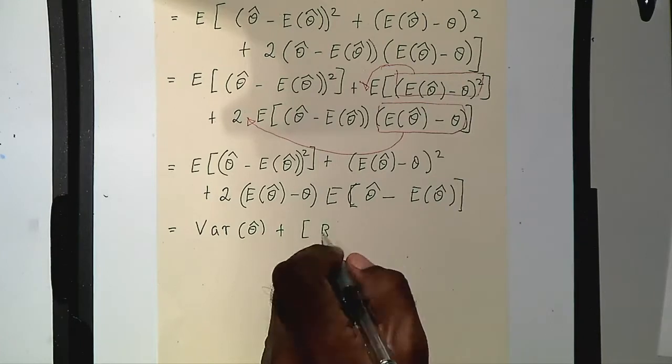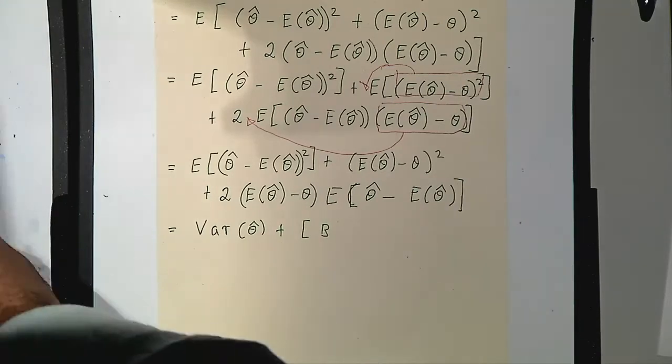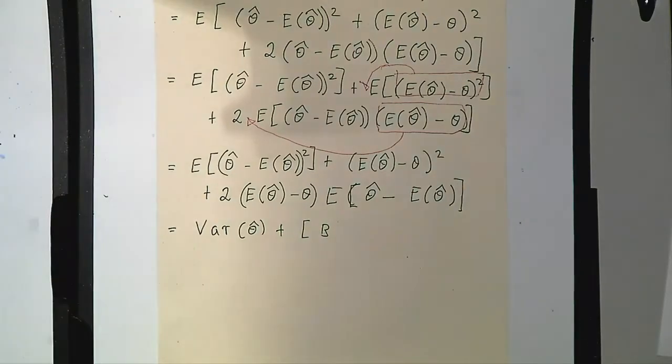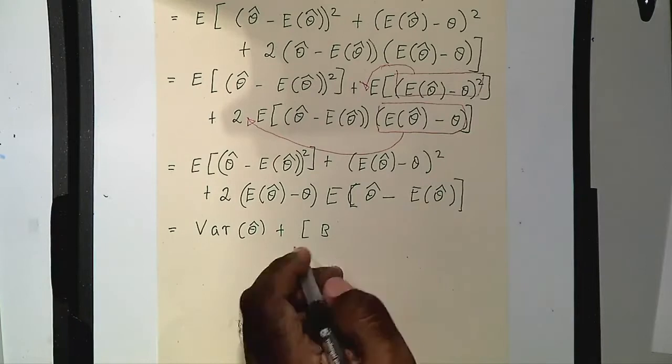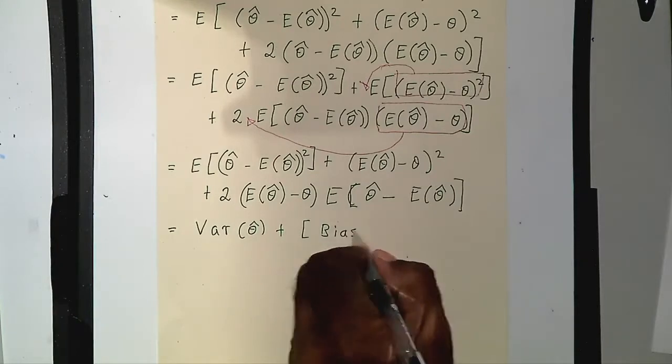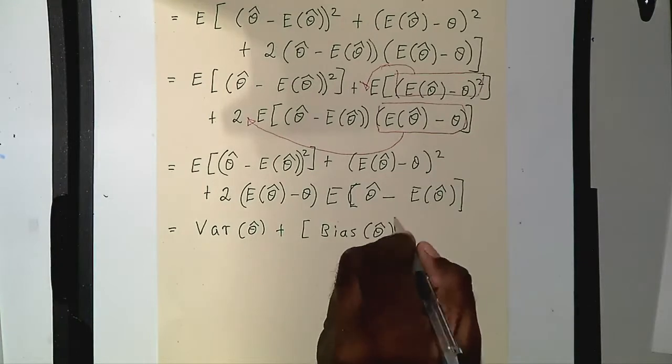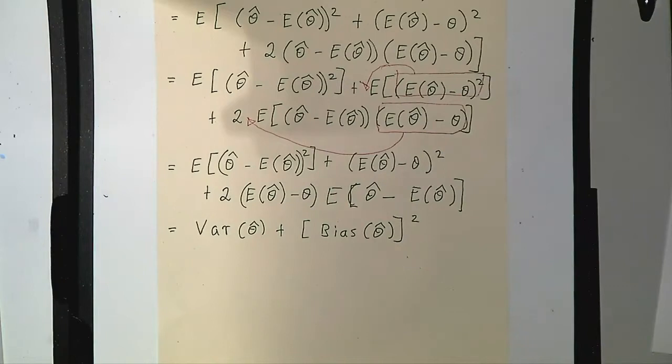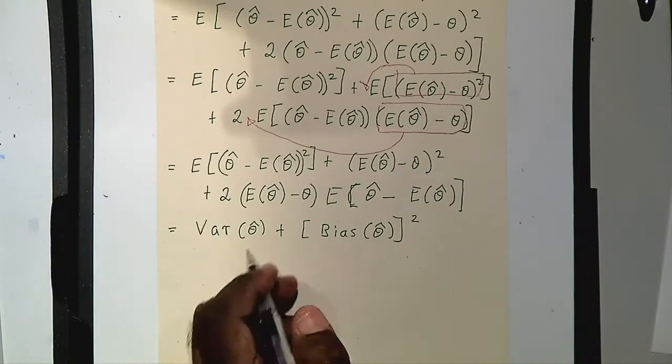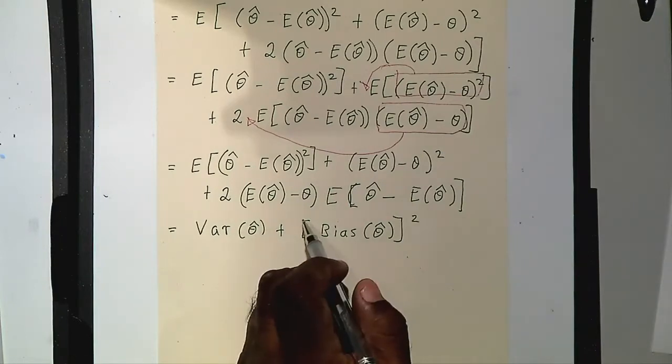I just defined that a minute ago. Look here. The bias of theta hat is the expectation of theta hat minus theta, right? So what you have here is simply the bias of theta hat squared, right?